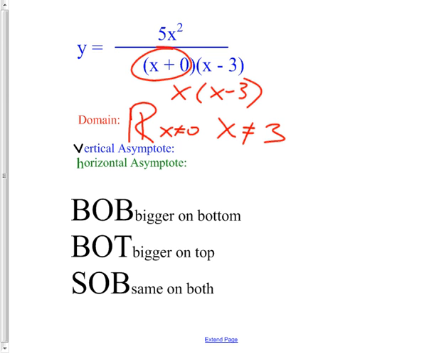And then the verticals, they come from these. So I say x equals 0 and x equals 3. The horizontals, they come from the rule. Bigger on bottom, bigger on top. Same on both. What is this? Same on both. So it's a ratio. So what is it? 5. So it's y equals 5. You get that? Raise your hand if you would have got that right. Okay, good. It gets harder.